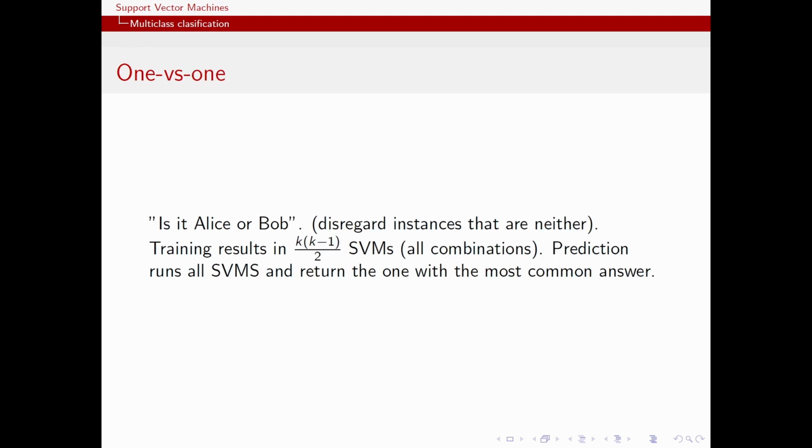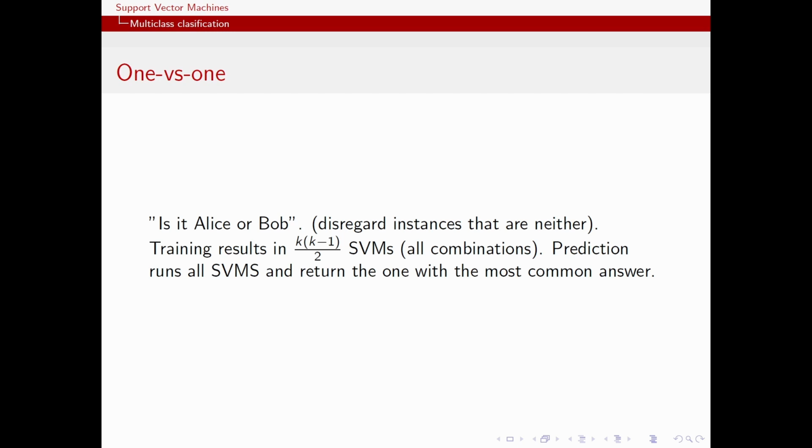Now in the other example, when we're talking one versus one, we are taking two of the classes, two of the groups. So from our Alice, Bob and Charlie example, we would just ask, is it Alice or is it Bob? And we would disregard all the other instances. So we are not interested in Charlie in this category.